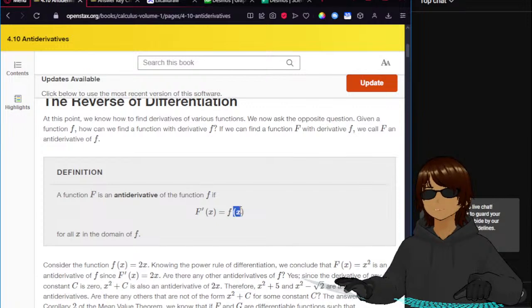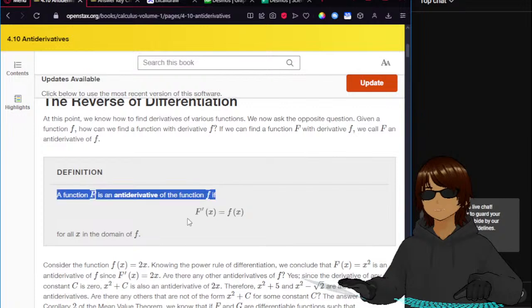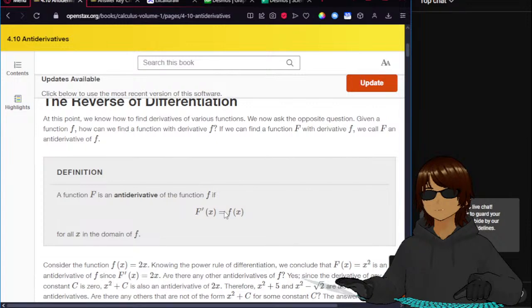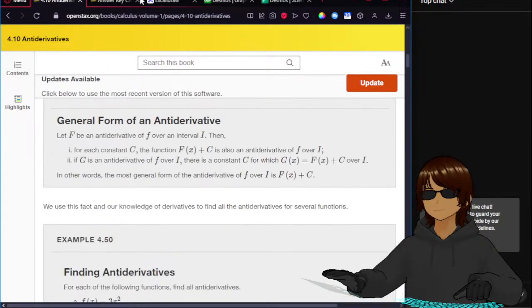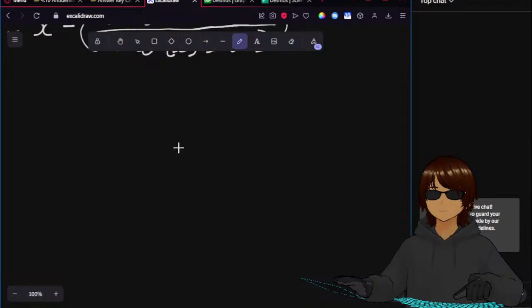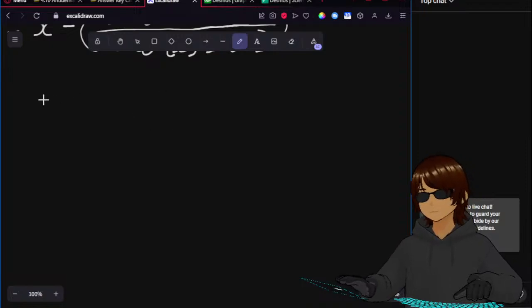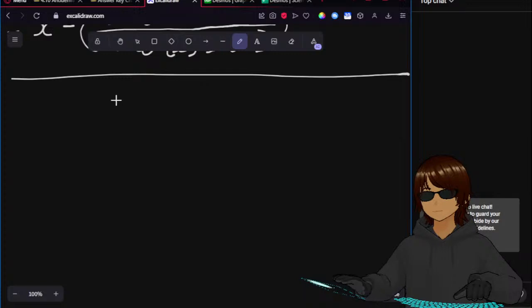Oh, so given the derivative of this is this. We know small f, but we are trying to find capital F. So it's the reverse process basically. So it's not really a one-to-one function. So x cubed derivative would be 3x squared.